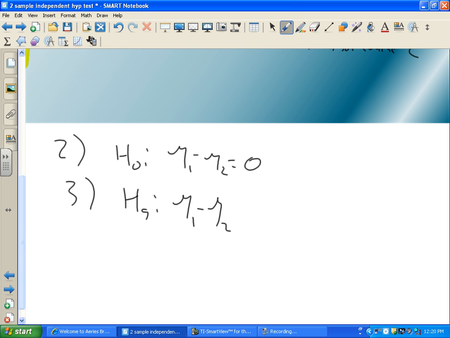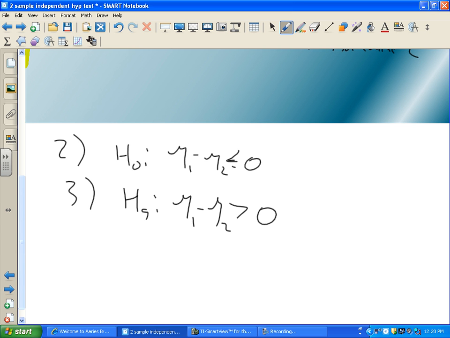How would I write that over here? That mu1 minus mu2. Do we agree that this is a one-tailed test? It doesn't say are they different, it just says I want to prove that one's greater than. So mu1 greater than mu2, greater than 0. Okay. And that's going to be less than or equal to 0. All right.